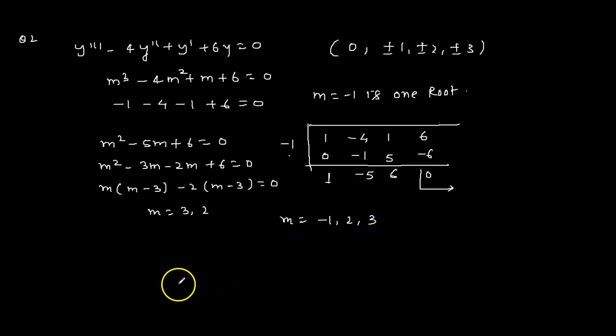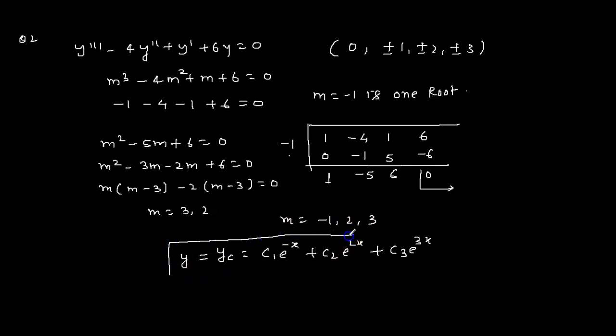Any doubt till here? No, sir. So yc is equal to c1 e to the power of minus x plus c2 e to the power of 2x plus c3 e to the power of 3x, because all three roots are real and distinct. Since this is a homogeneous equation, y is equal to yc only. This will be our answer.